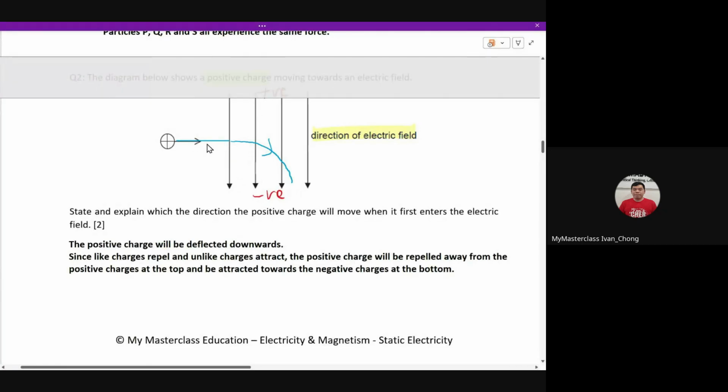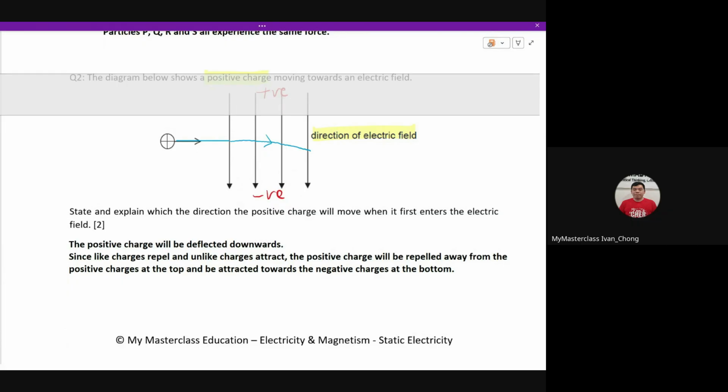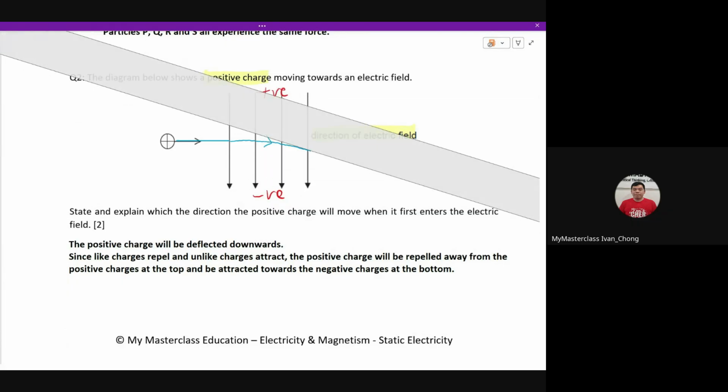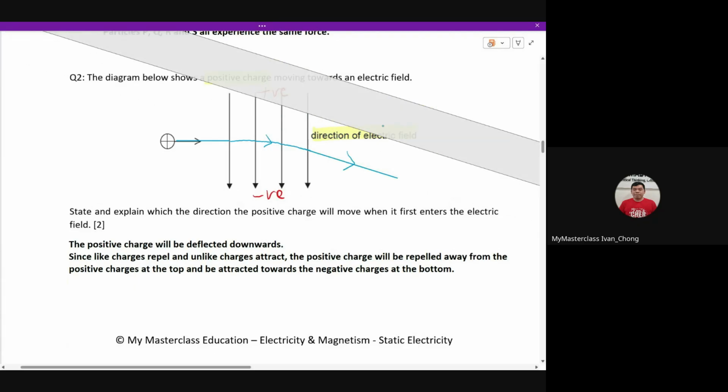If you are not moving fast enough, you will actually end up just moving downwards itself. If you move fast enough, you might still be able to escape from your electric field. At this point, because there's no more deflection, you will just travel in a straight line afterwards. So there are three parts.